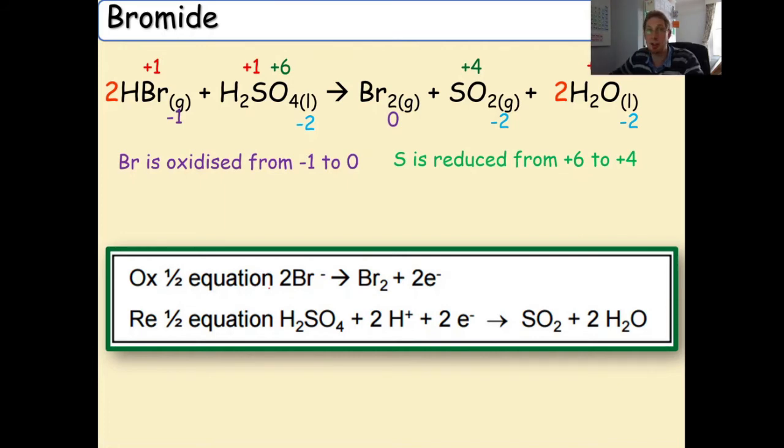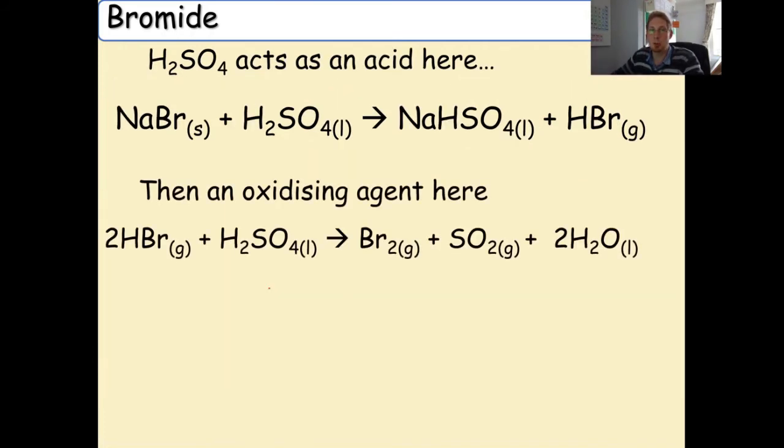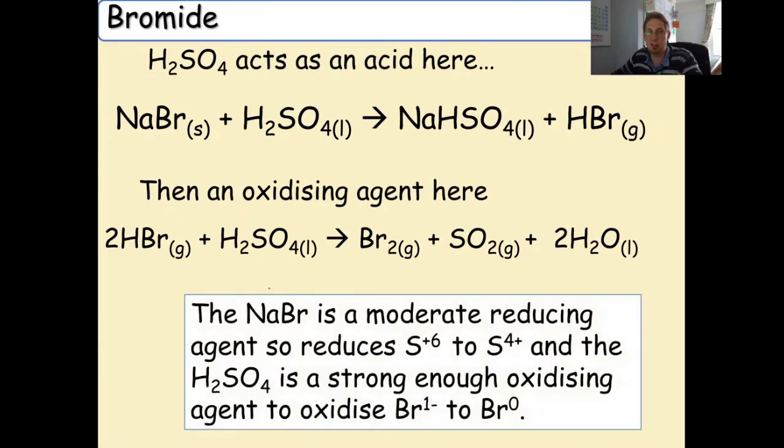And we'll have a look at those a bit later. So we've got firstly sulfuric acid acting as an acid, then sulfuric acid acting as an oxidizing agent, and as it says, the sodium bromide is a moderate reducing agent, so it can reduce the sulfur from +6 down to +4.